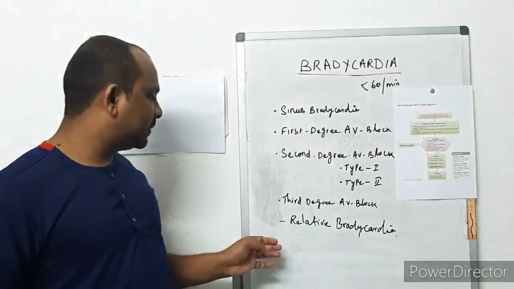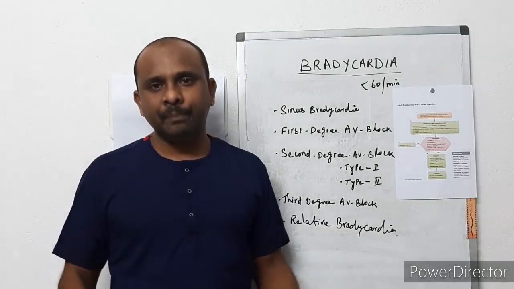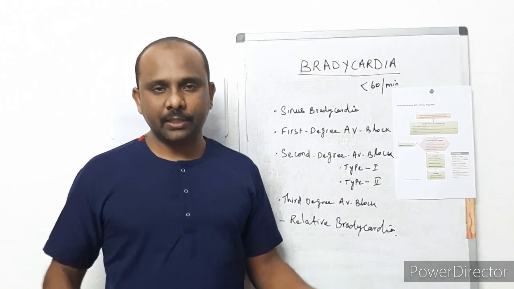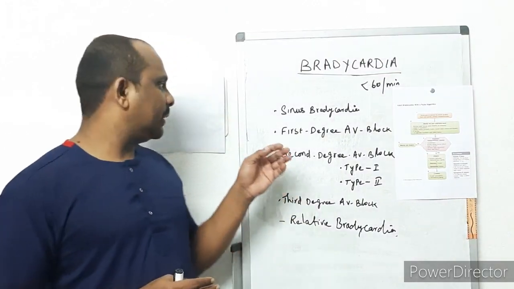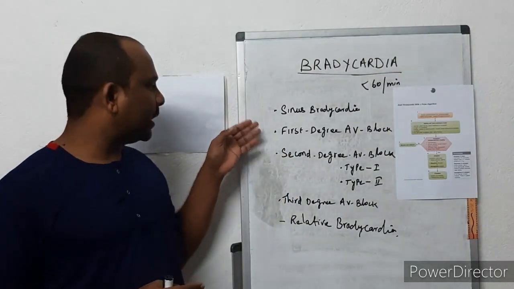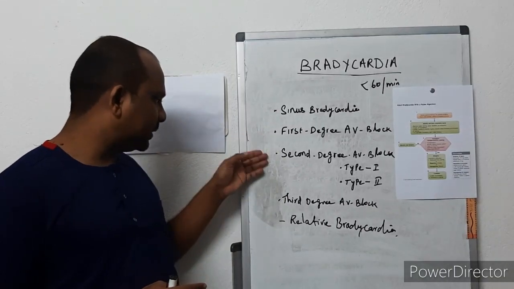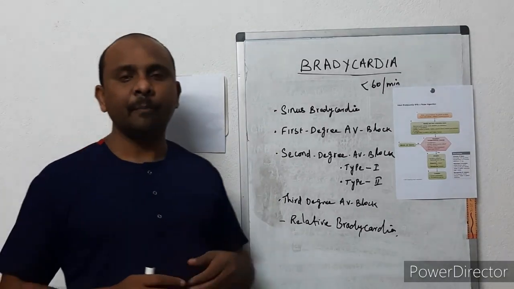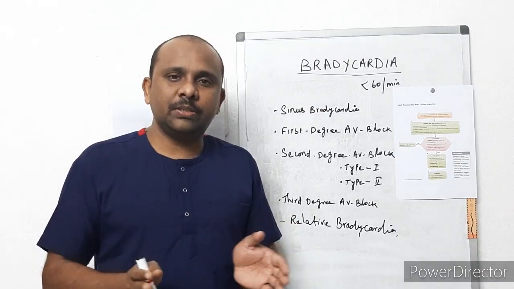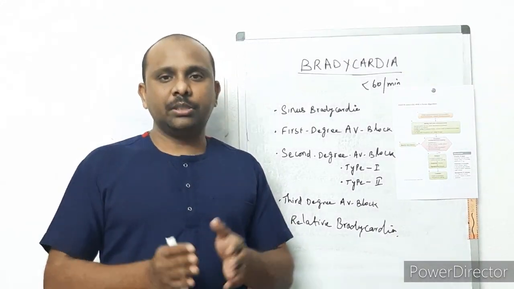So these are all the rhythms associated with bradyarrhythmias, mainly sinus bradycardia, then AV blocks, first degree, second degree, third degree, and relative bradycardia. So which bradycardia needs immediate attention and treatment?